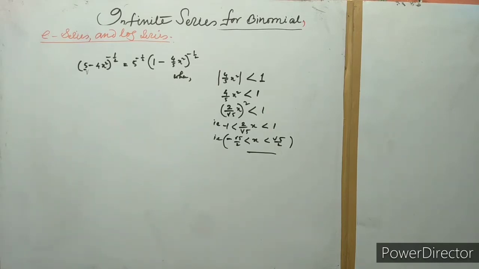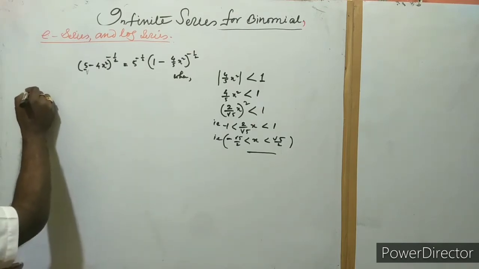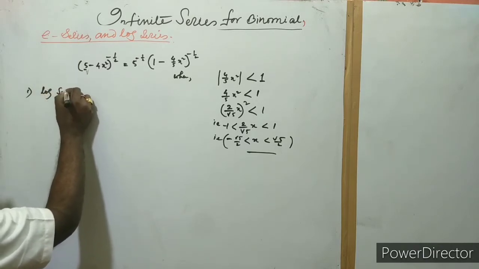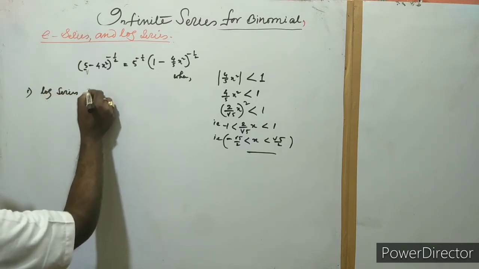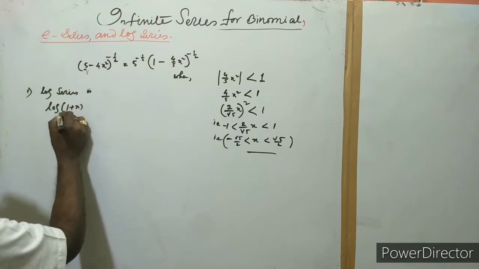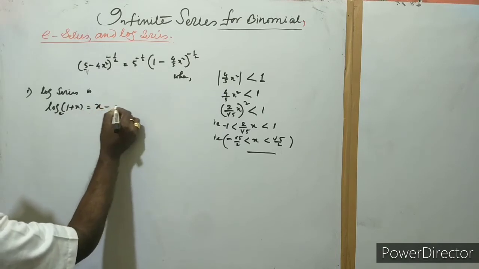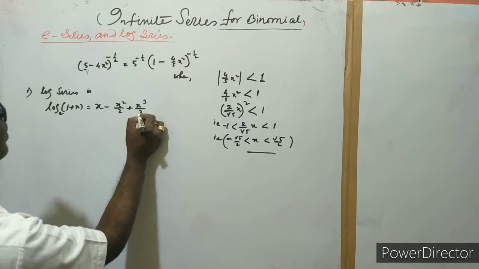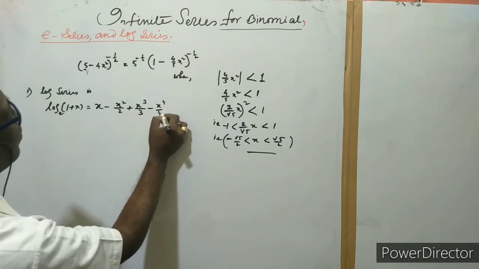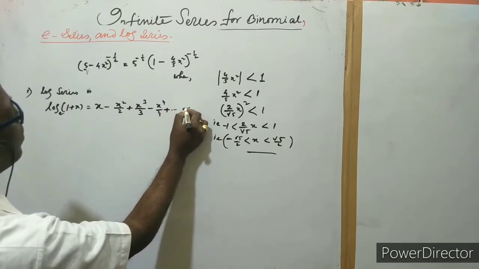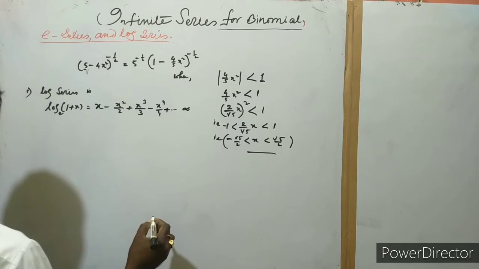Now the log series. Number 1, log series is log of 1 plus x to the base e is x minus x square by 2, x cube by 3, x to the power 4 by 4, and so on, where x is up to plus 1.